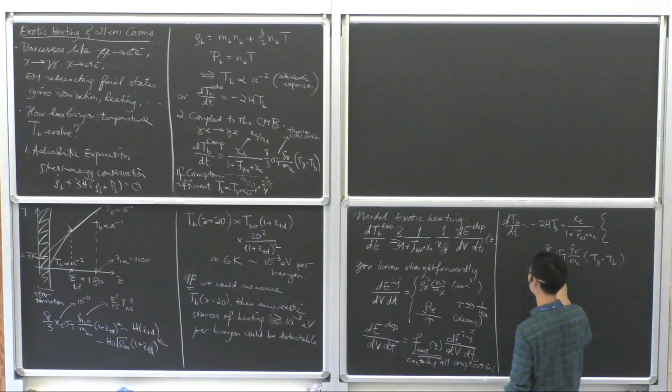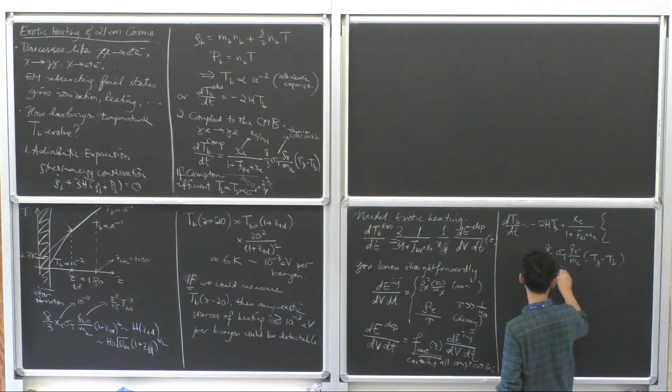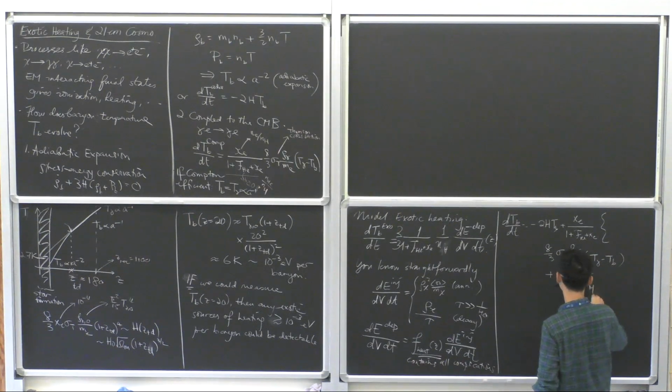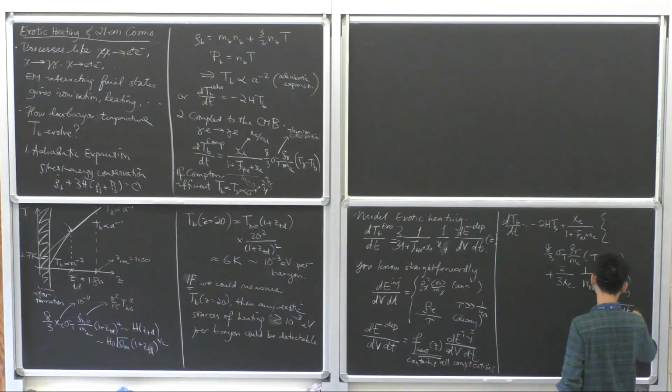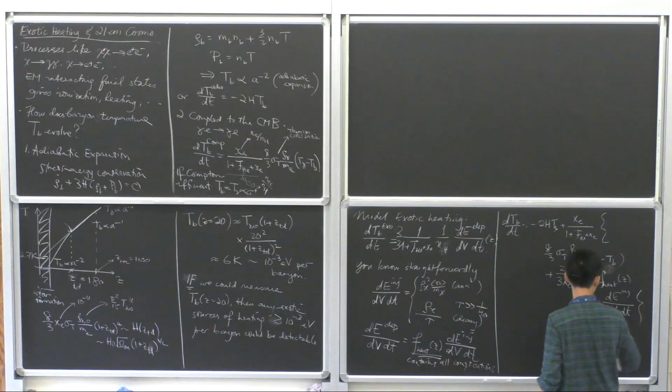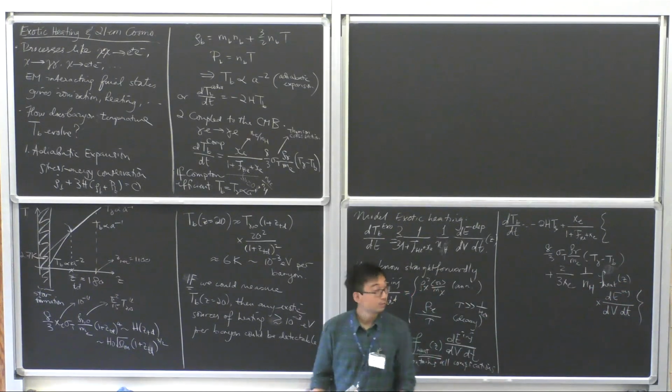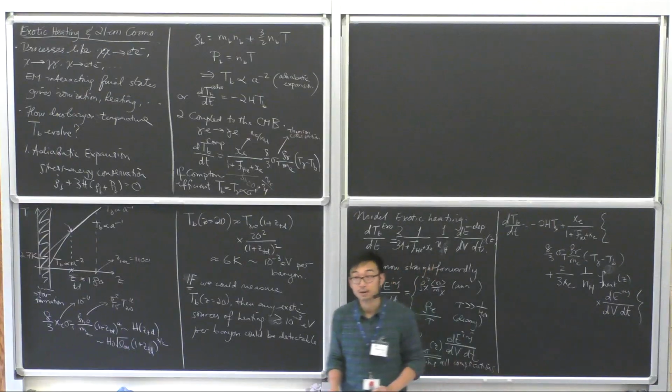And then there is plus 2 over 3 n_H, f_heat of z, times dE injected over dV dt. Okay? So you integrate this equation and you're done.